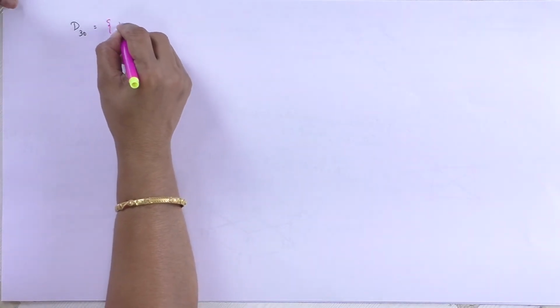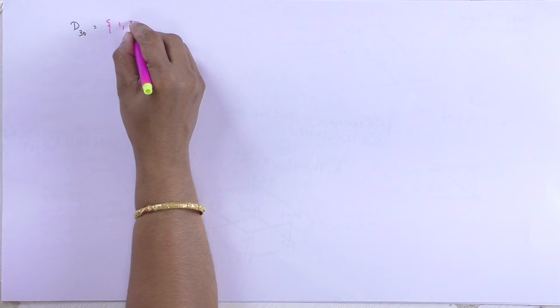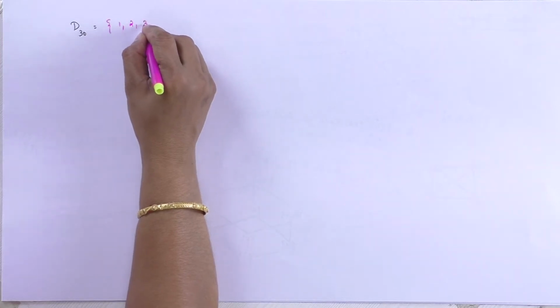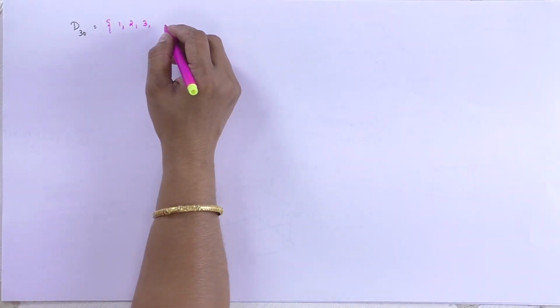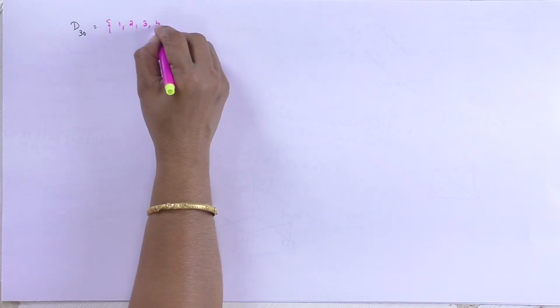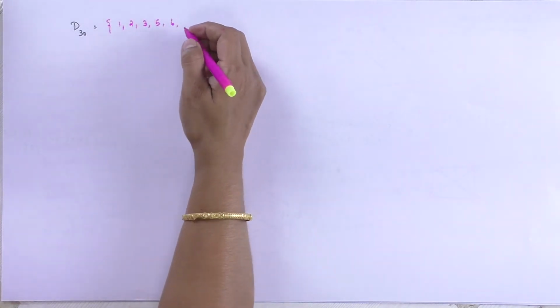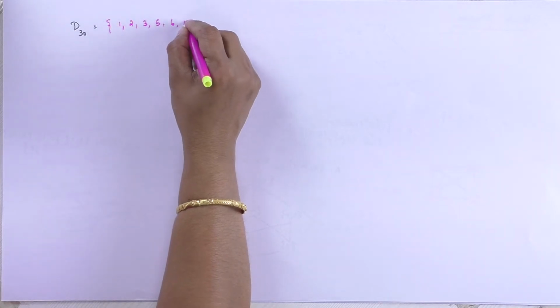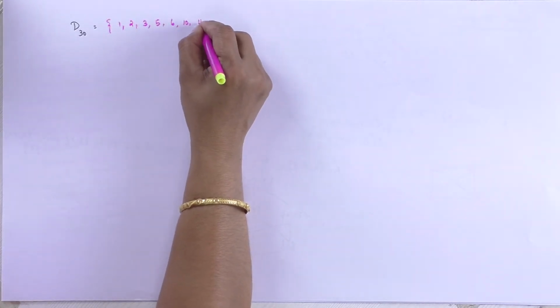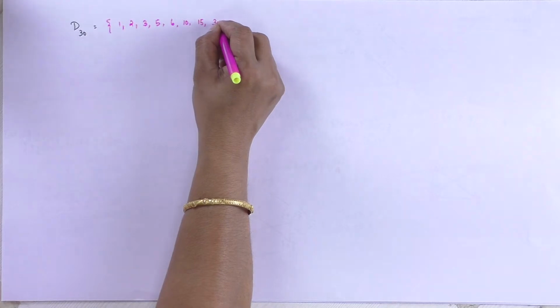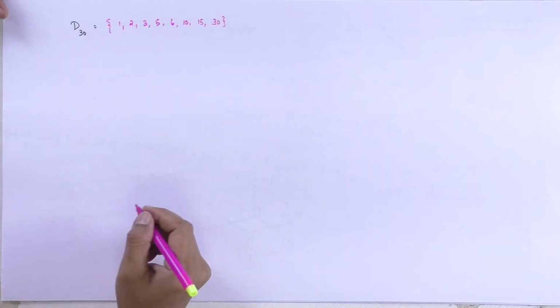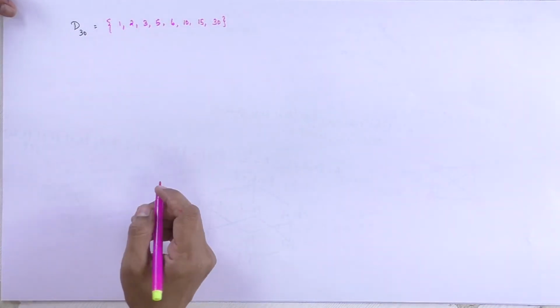So 1 is a divisor of 30, 2 is a divisor of 30, 3 is a divisor of 30, and 4 we don't have. 5 is a divisor of 30, 6 is a divisor of 30, then 10 is a divisor of 30, 15 is a divisor of 30, and 30 is again a divisor of 30. Draw the Hasse diagram for this.